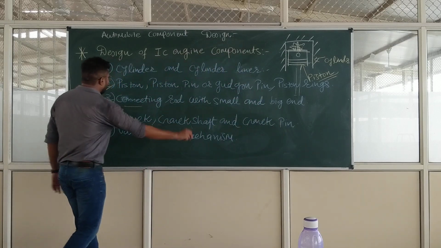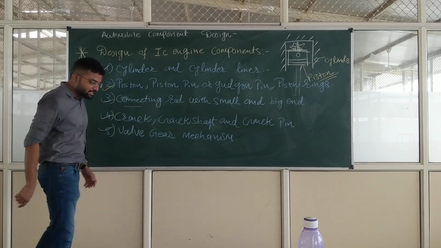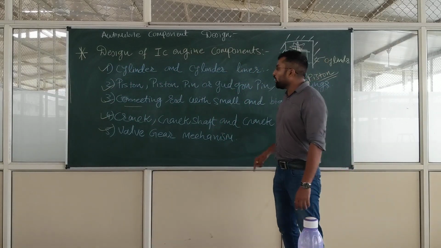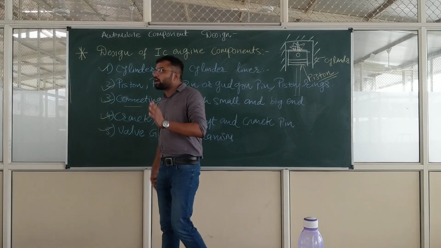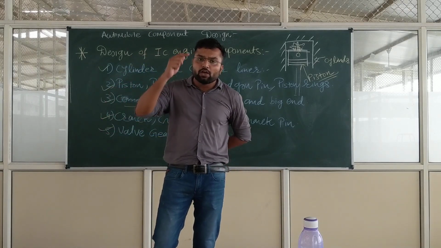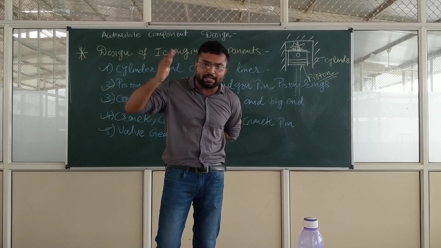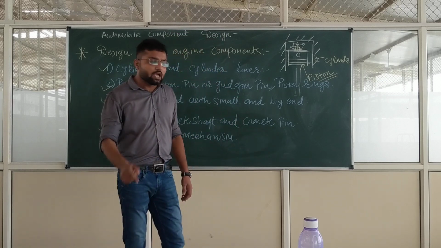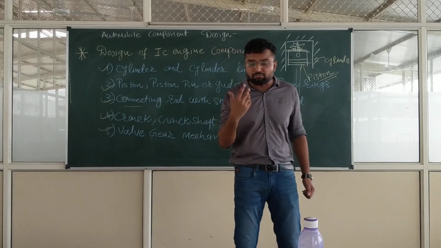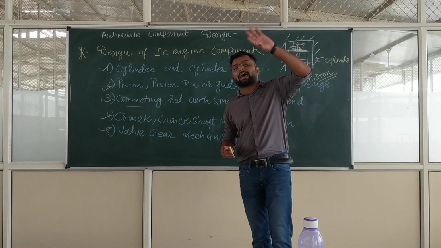Then, after that, the connecting rod. The connecting rod is a component which connects the piston with the crankshaft. It is a kind of link between piston and crankshaft, which converts reciprocating motion into revolutionary motion. This connecting rod also comes under a complex type of forces, but these forces are not thermal stress or direct stress.